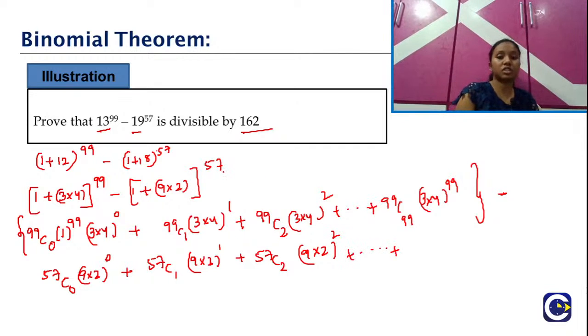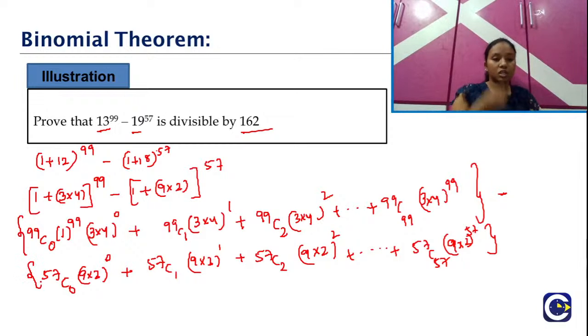Plus here, guys, because there is no minus, 57C57 9 into 2 whole power 57. So this is another expansion. Now we have to rewrite this in such a way that we could take 162 common. That's the whole idea. So this entire term will be 1.